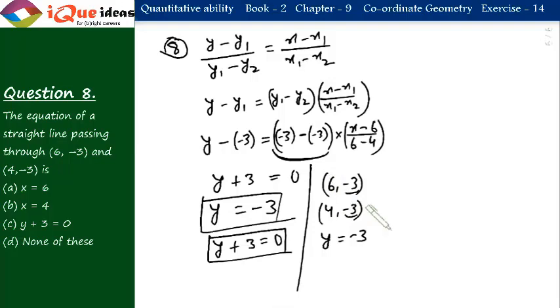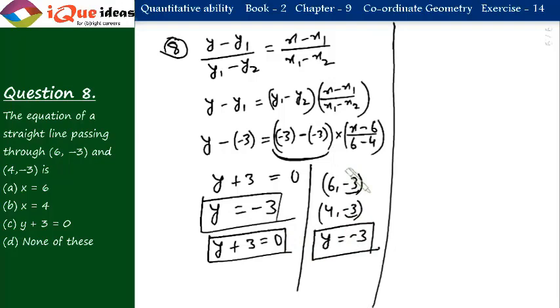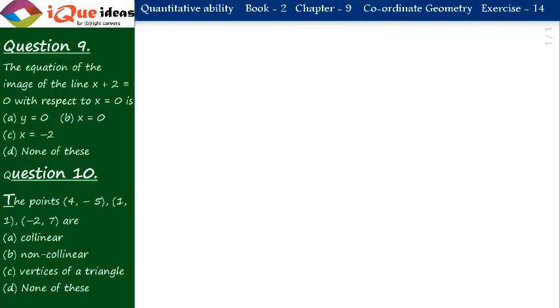So here y coordinates are same, so it is y equal to minus 3. If the x coordinates were same, let's say 6, the equation would have been x equal to 6. So in this case, because both the points have same y coordinate, the equation of the line will be y equal to minus 3. Now let's take up the next question, question number 9.